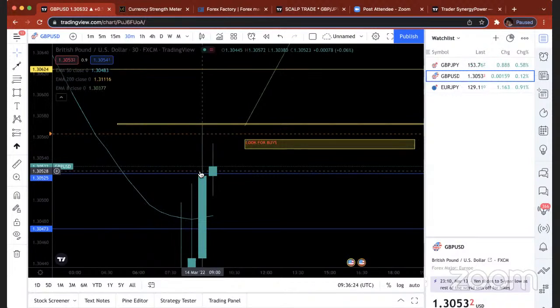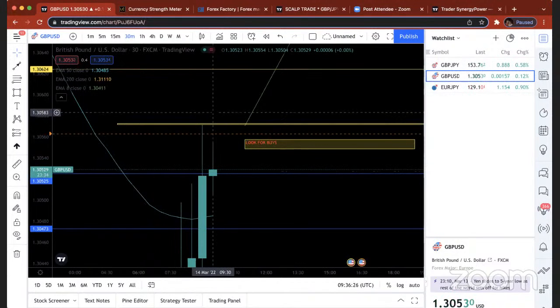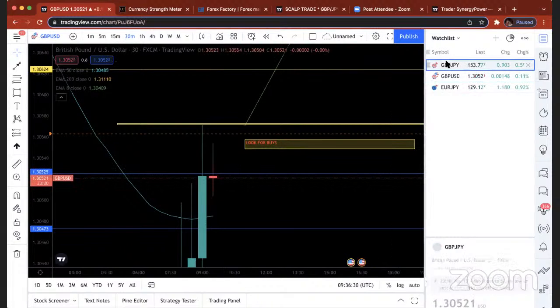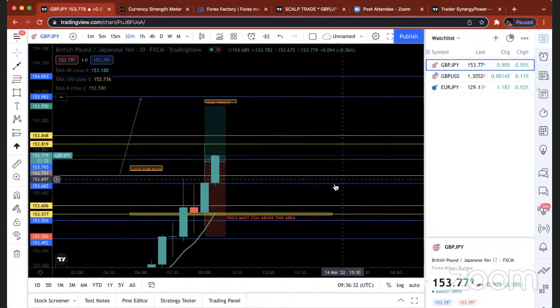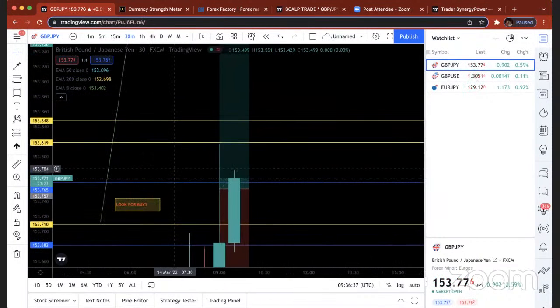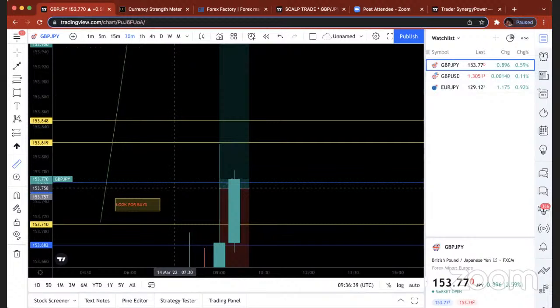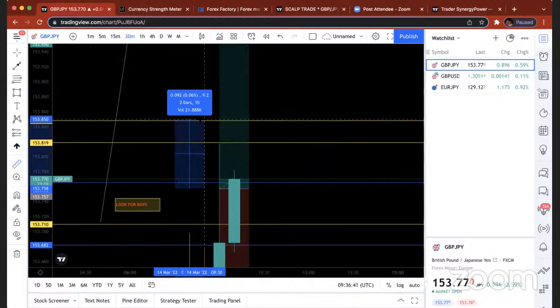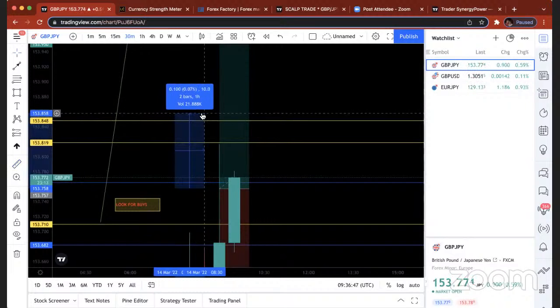Since this candle didn't close above, now we got to get the wick fill entry. If this would have closed above, and this candle would have opened above, we would have been all right. GJ should be in profit, you guys. I'm gonna let you know when we're gonna move our stop loss to break even. Let me see when I'm 10 pips up. We got to be careful right here. This is 10 pips right here.